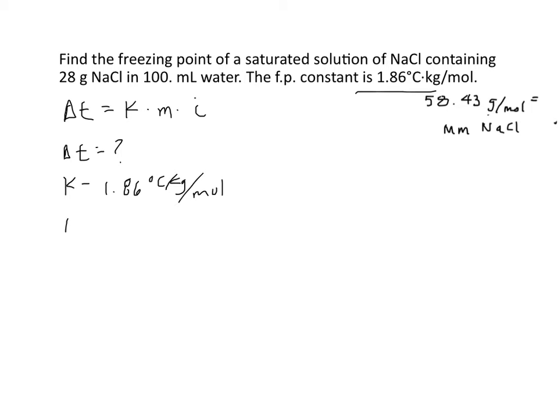And then our i value. Notice we have NaCl. NaCl is an ionic compound. NaCl breaks into Na plus and Cl minus. This is balanced, so my i value here is equal to 2. So far, I have my K and my i. Now let's look at m.